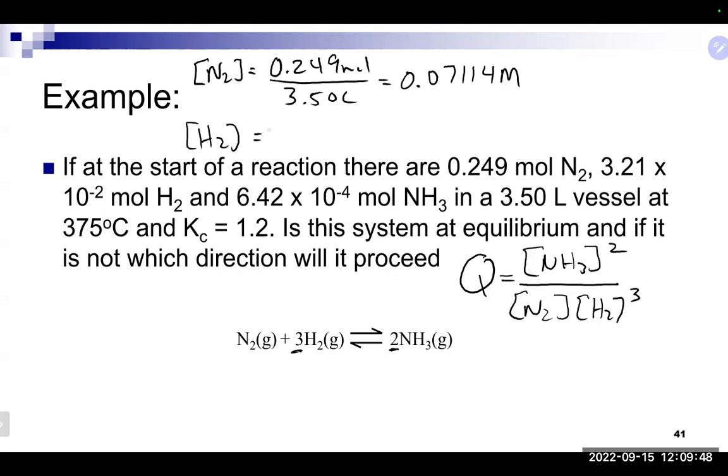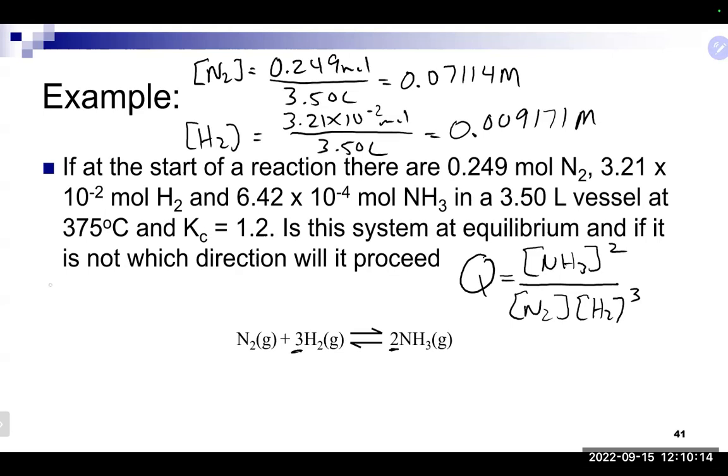We'll do the same thing for our H2. We'll take the moles of our H2, which was 3.21 times 10 to the minus 2 moles, divided by our 3.5 liters, and that will give us 0.009171, taking it to a few digits.